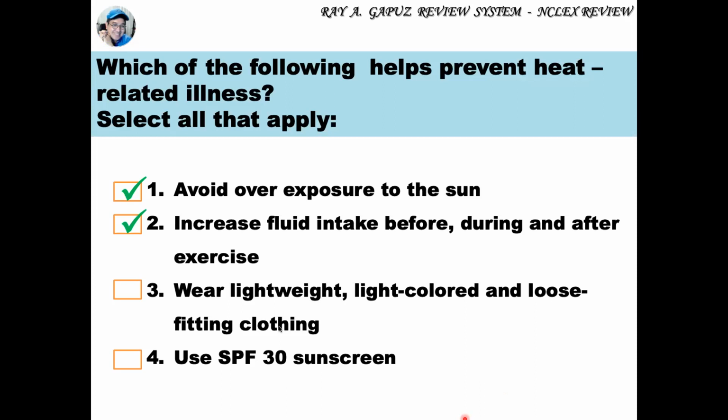Number 3, wear lightweight, light-colored, and loose-fitting or non-constrictive clothing is also a yes. And lastly, use SPF 30 sunscreen. Yes. And do you reapply sunscreen every now and then? Yes, so it's not just a one-time thing. You have to reapply it over and over again.